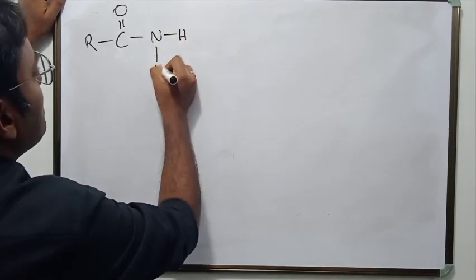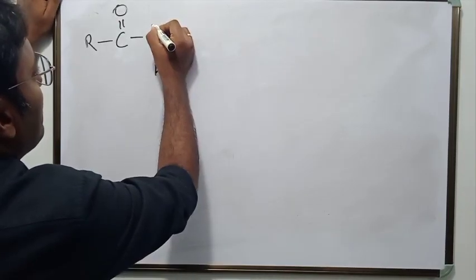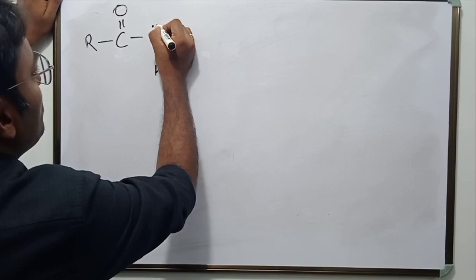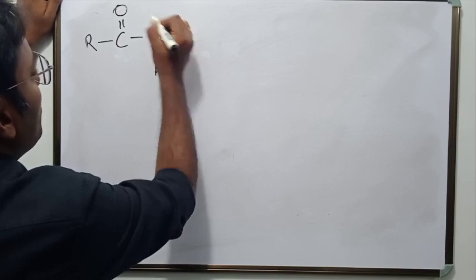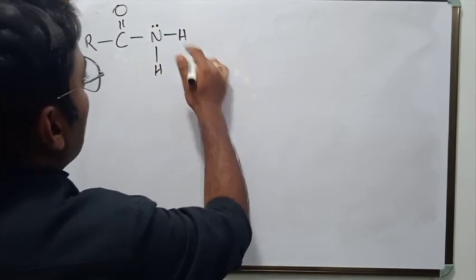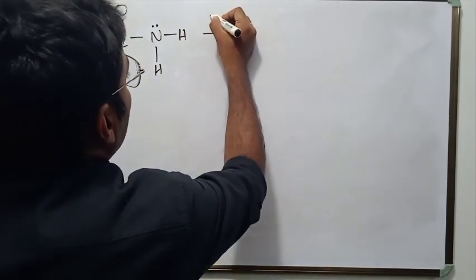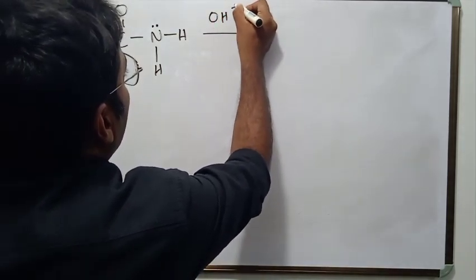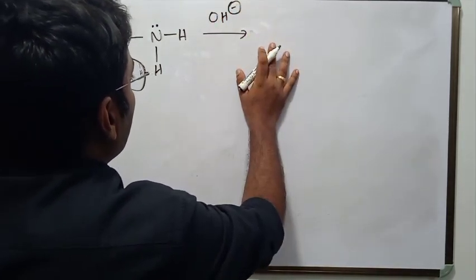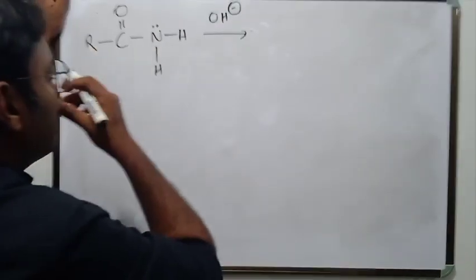So this is our acetamide, and nitrogen has got, as you know, a lone pair of electrons. Okay. Now you react it with your alkali. Okay, NaOH. So OH minus is there. What would happen?